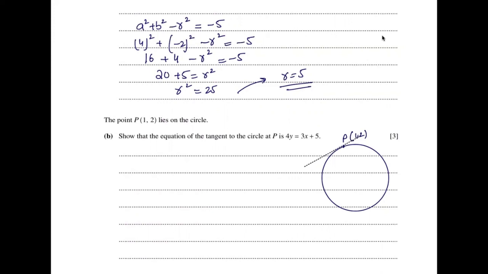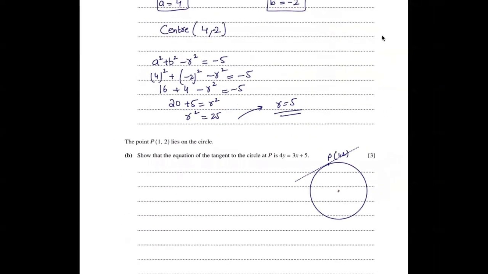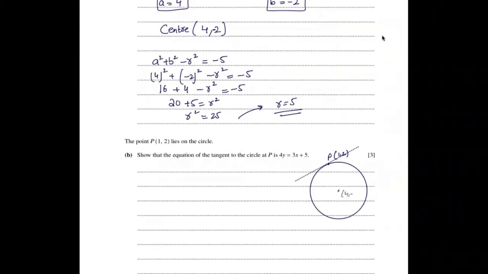So you need to find the equation of the tangent to the circle. We do have the coordinates of the center of the circle. What are the coordinates of the center of the circle, guys? 4 comma minus 2. Okay, 4 comma minus 2. We need to show that the equation of the tangent to the circle is this.